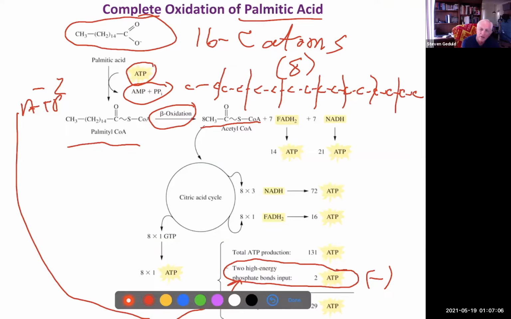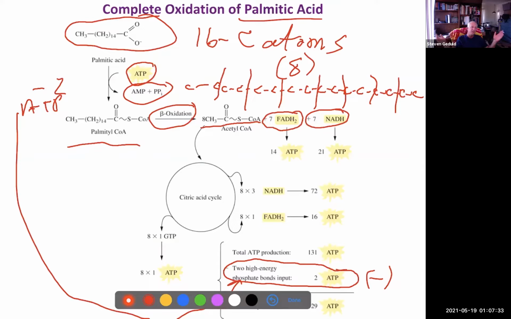Okay. So how many joints did you cleave? You've cleaved 1, 2, 3, 4, 5, 6, 7. So every time the bond is broken, it produces an FADH2 and an NADH. So you're going to produce 7 FADH2s and 7 NADHs as you break the bonds into clips of 2. Okay. If you have 16, you're going to have 7 bonds being broken.